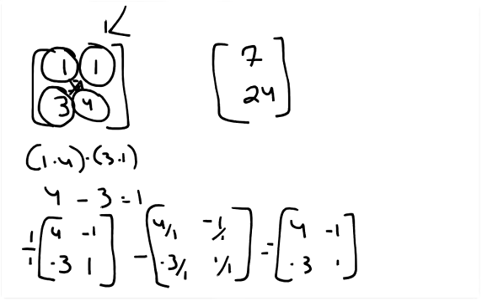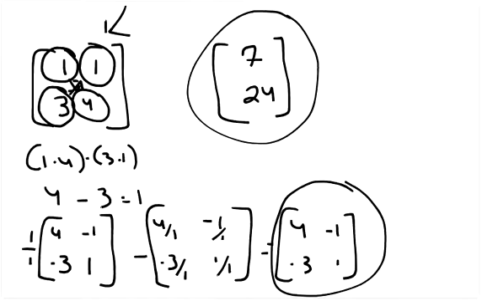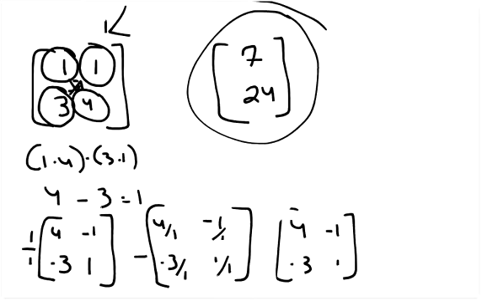Alright, so now what we do is multiply this matrix by our constant matrix. And very important, you have to keep the inverse matrix first. You cannot switch the order around, because you will get a different answer. Of course, multiplying matrices is not commutative.